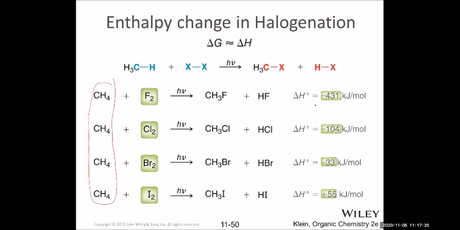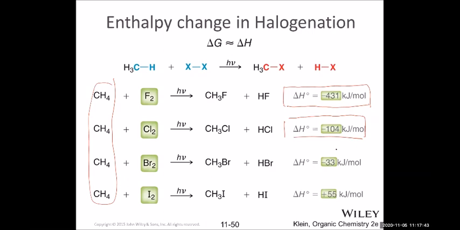The fluorine reaction is highly exothermic. Chlorine is intermediate, much less. Bromine is even less. So you can see the trend is that it becomes less and less exothermic.